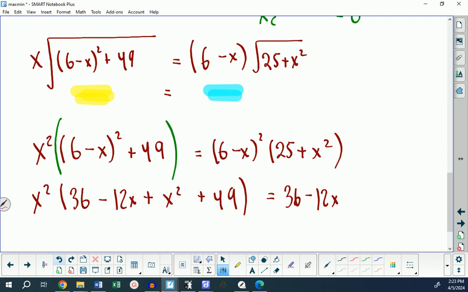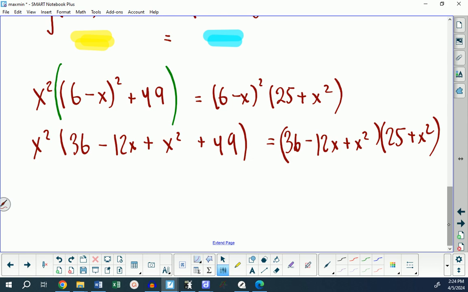Oh, this might clean up very nicely, maybe. Okay, there's my x squared, there's my 6 minus x quantity squared plus the 49, there's my 6 minus x quantity squared times the 25 plus x squared. Let's just power through and see what happens.